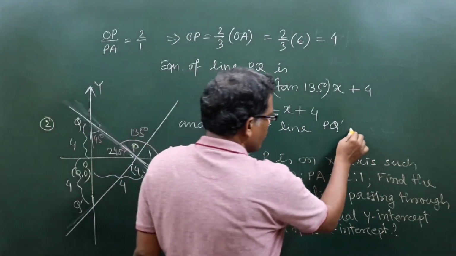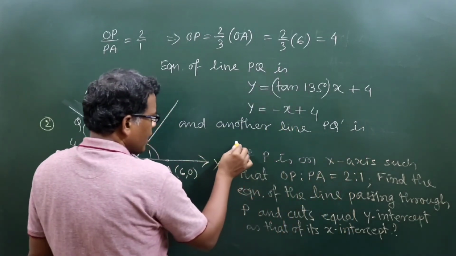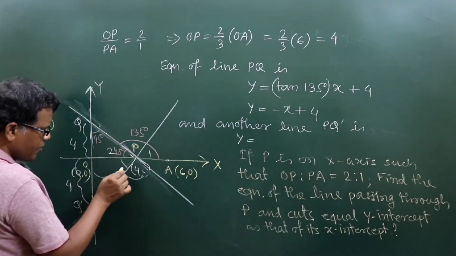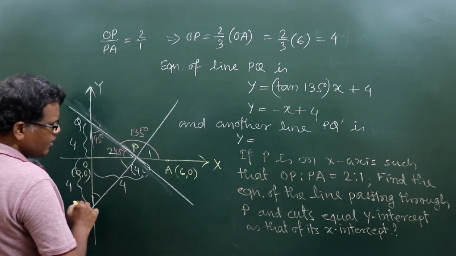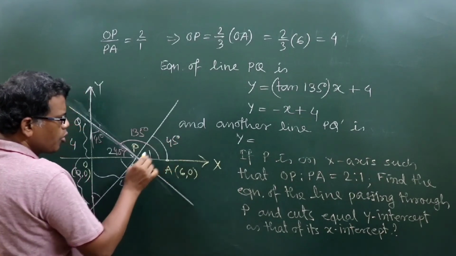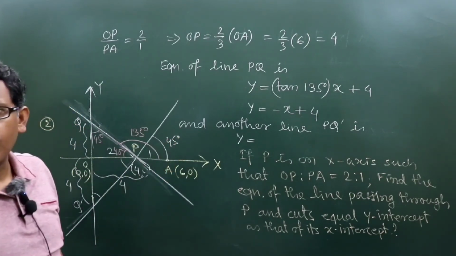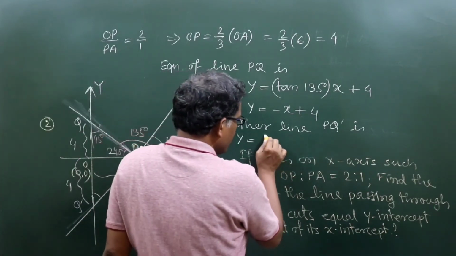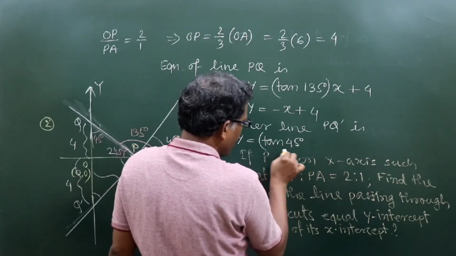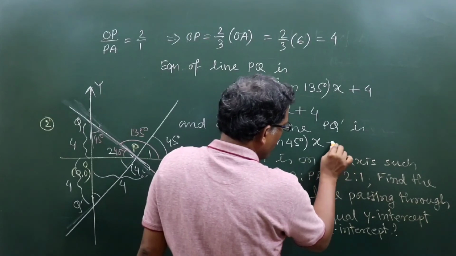Another line PQ dash can again be written as y is equal to, but for this line this is 45 degrees, this is 45 degrees, so the slope deciding angle for PQ dash will be 45. So I can write y is equal to tan 45 into x minus 4.